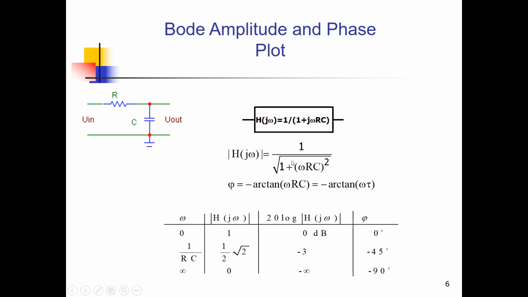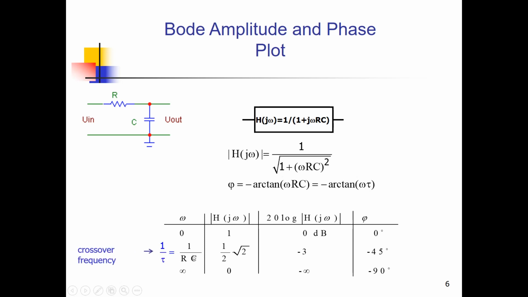So the denominator becomes very, very large, which goes to infinity. And then we get an absolute value or an amplitude, which is 1 over a very large number, which goes to 0. So for infinite frequencies, my amplitude will go to 0.